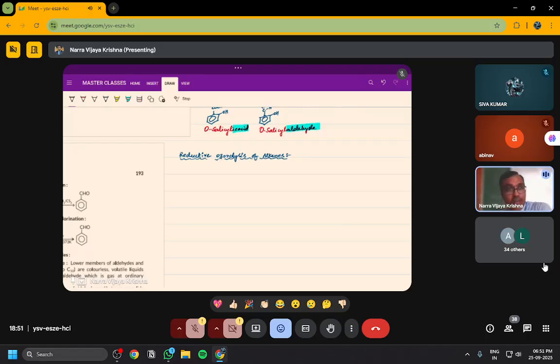In case of ozonolysis, the reagent is ozone, in presence of any solvent, maybe carbon tetrachloride, or chloroform, or CH2Cl2.